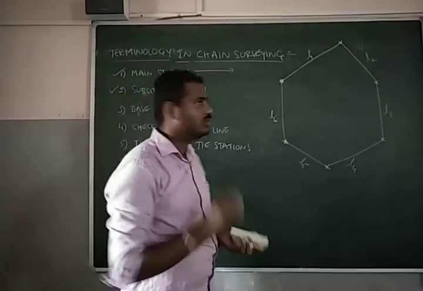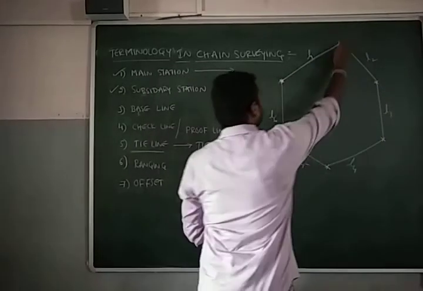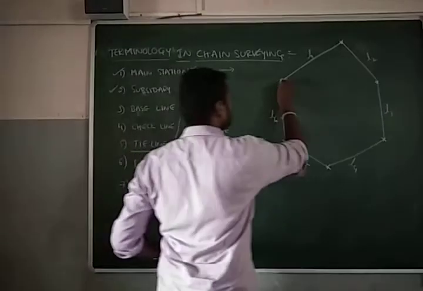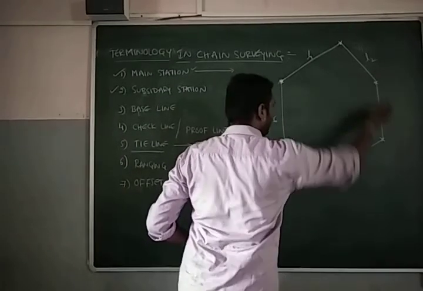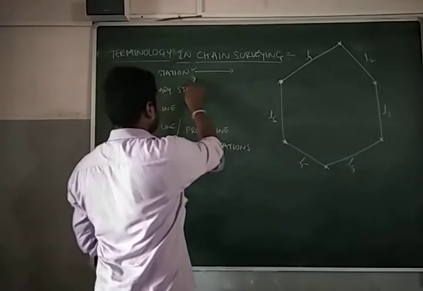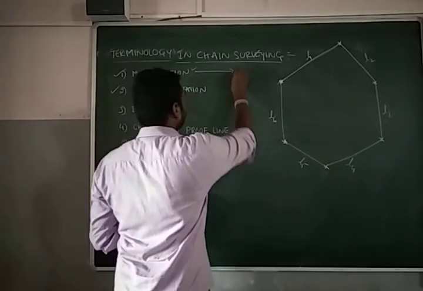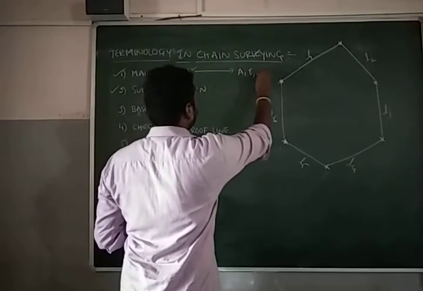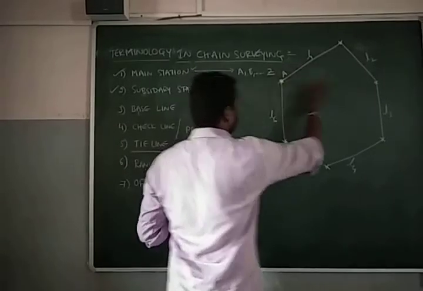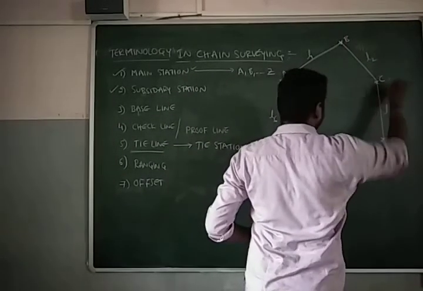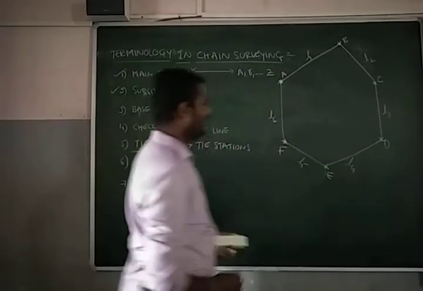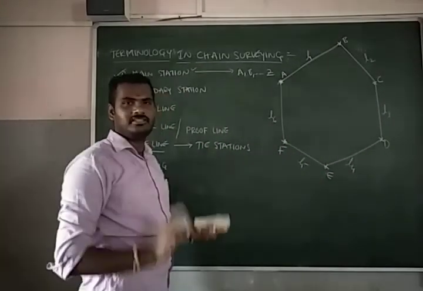That is why we call these points the main stations. These main stations are denoted by capital A, capital B, up to capital Z. So let us name them capital A, B, C, D, E, F. These are all known as main stations.